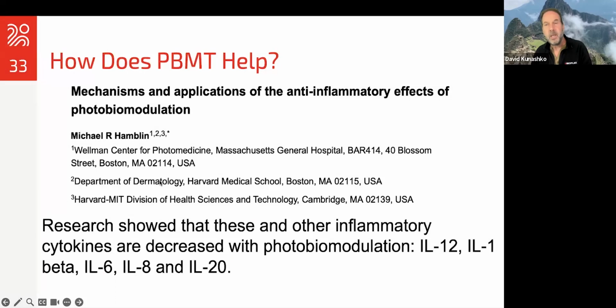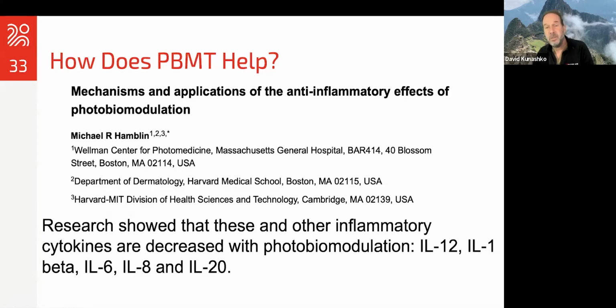So Michael Hamblin, who you may have heard of before, he's now retired, but he's really considered the guru of photobiomodulation and laser therapy. And he put out this paper on the anti-inflammatory effects of photobiomodulation. He looked at all the research, he does a lot himself.